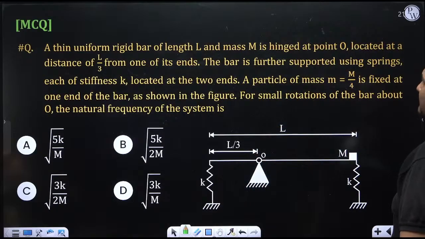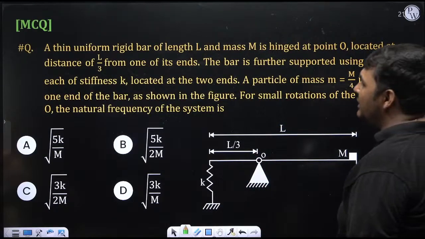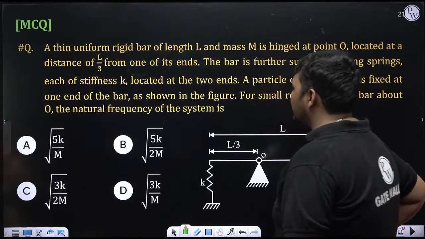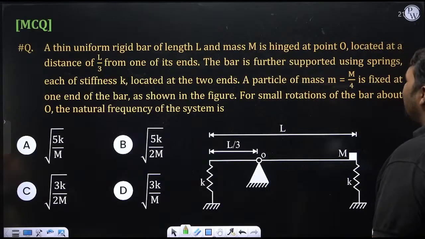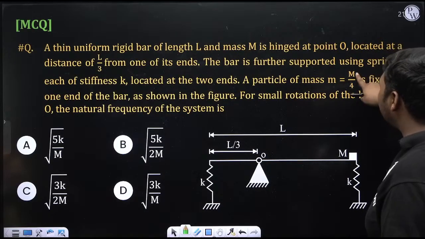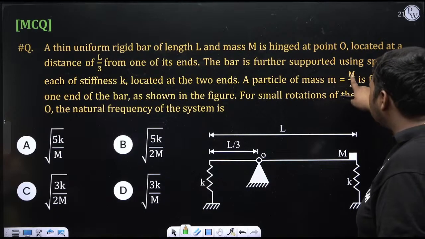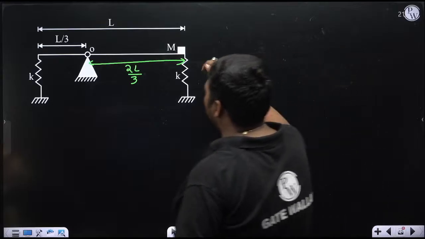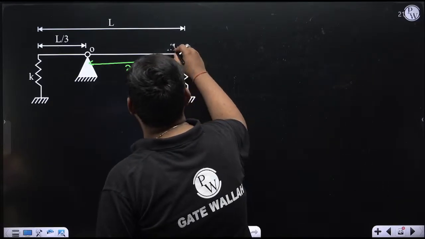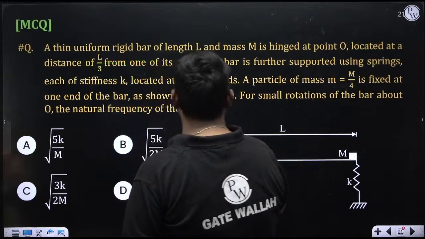Now, the bar is further supported by springs, each of stiffness k, located at the two ends, as shown in the figure. They are linear springs. A particle, meaning a point mass, of mass small m, is given in terms of capital M: small m is capital M by 4. Don't mind the error in making the diagram.